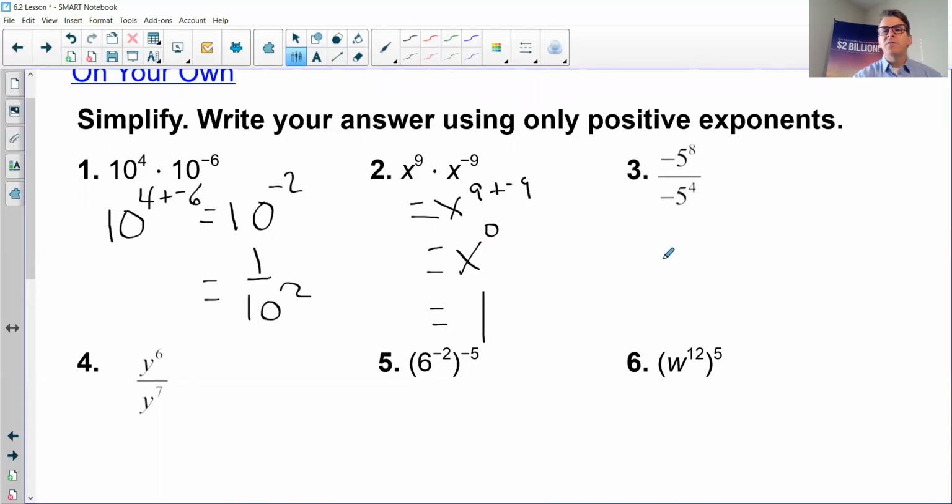Number 3, negative of 5 to the 8th divided by the negative of 5 to the 4th. Okay, so what we have here is you got the 2 negatives, so they cancel each other out. So you end up with 5 to the 8 minus 4, which is equal to 5 to the 4th.